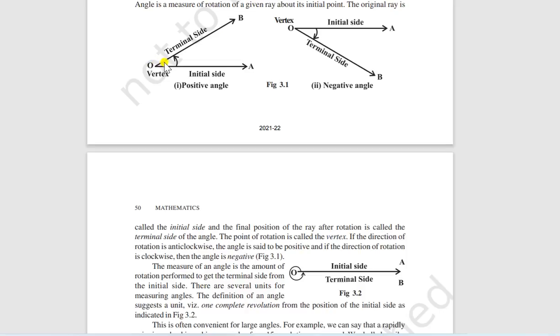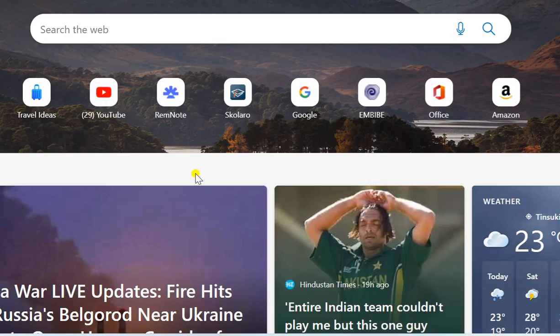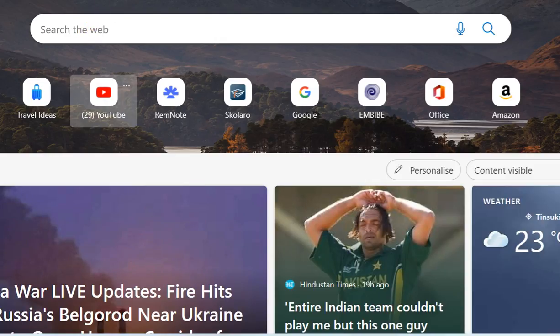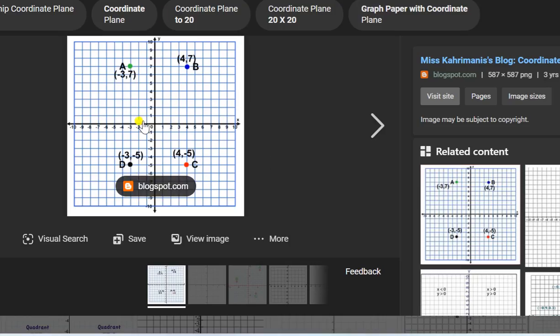If the rotation has happened anti-clockwise, it's positive. If the rotation has happened in a clockwise manner, it is negative. You can remember this in the xy plane. I'll just show. If we take the xy plane, for example, this is the positive side and this is the negative side, so it works like that.